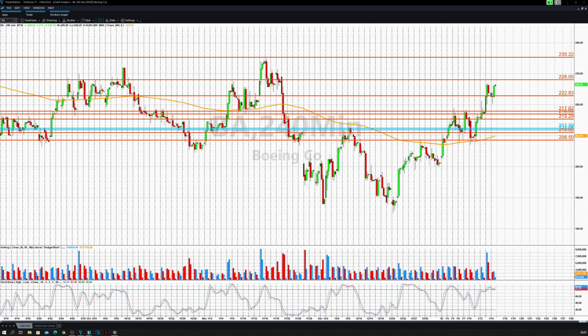We want to see a good market action. At the moment BA has a nice move, 1, 2, this is the 3rd move, so we might see a correction and then something like this.